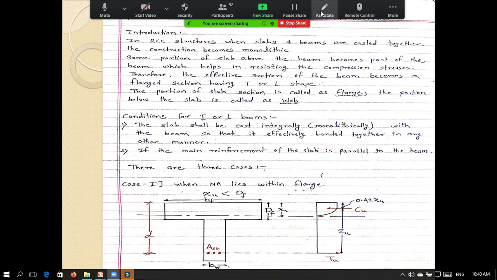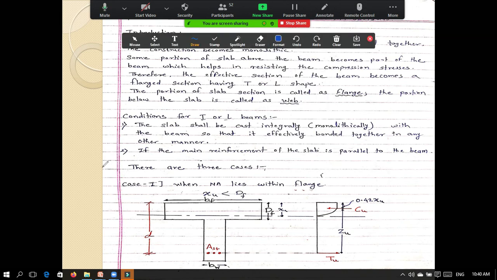So these are the things which I want to convey to you. First is the monolithic construction. The slab shall be cast integrally, monolithically with the beam so that it is effectively bonded together. The next thing is the main reinforcement of the slab must be parallel to the beam.